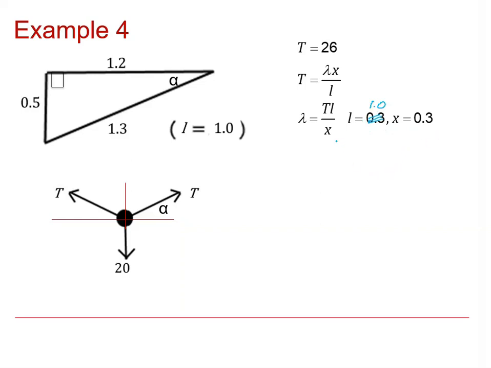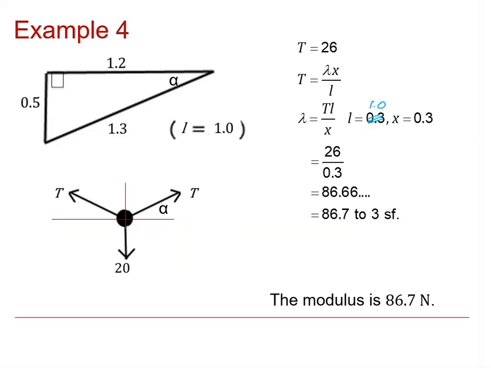If you substitute those numbers into that equation together with T is 26, you'll get your value for lambda. So let's do that. 26 over 0.3, because the L is just 1, and we end up with 86.7. So that gives us a final answer of 86.7 newtons for the modulus.